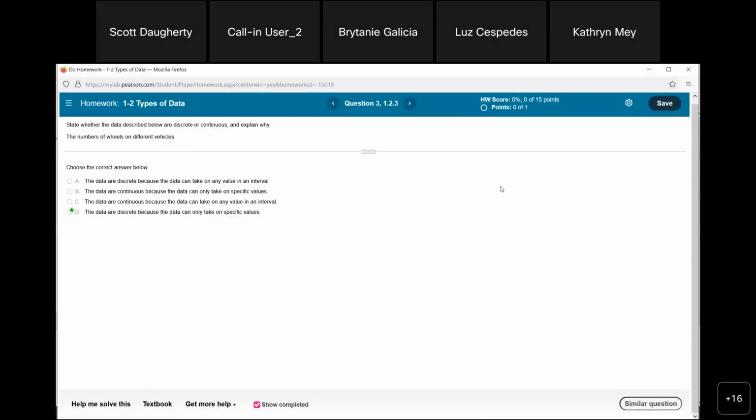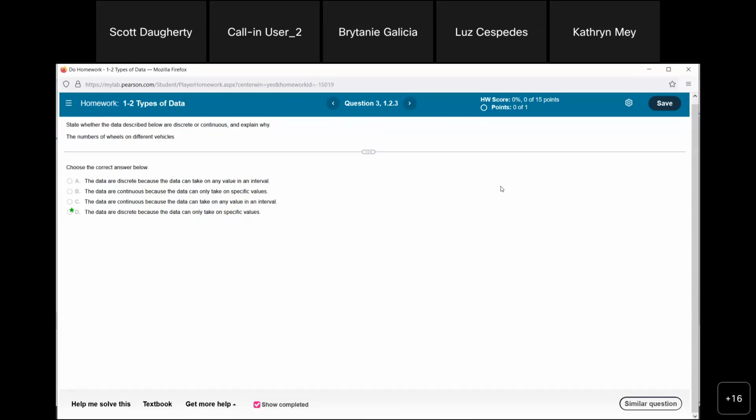Maybe it's a motorcycle and it's got 2, and then you have another vehicle that has 4, and maybe you have a truck that has like 6 or 18, an 18 wheeler. So the data that you're collecting are numbers, and these numbers actually mean something. They're not just labels. They're telling us that this motorcycle has 2 of these things. 2 represents something physical. And so this is a case of quantitative data, not qualitative.